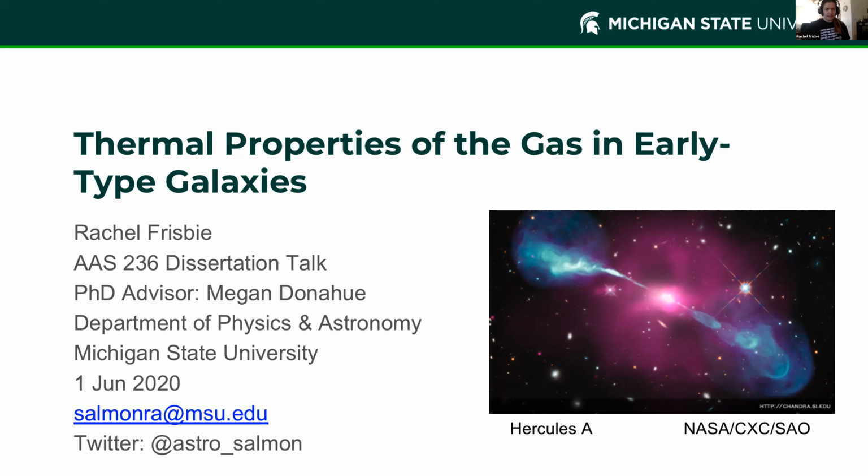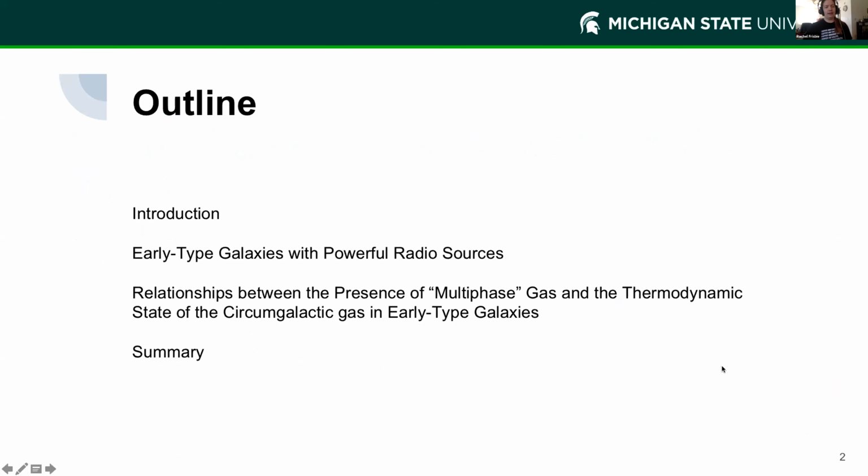We'll talk about thermal properties of the gas in early type galaxies. We'll start with a little bit of introductory material and then highlight some results from two of the chapters of my dissertation, focusing on early type galaxies with powerful radio sources, and then on relationships between the presence of multi-phase gas and the thermodynamic state of the circumgalactic gas in early type galaxies, and then wrap up with a summary at the end.